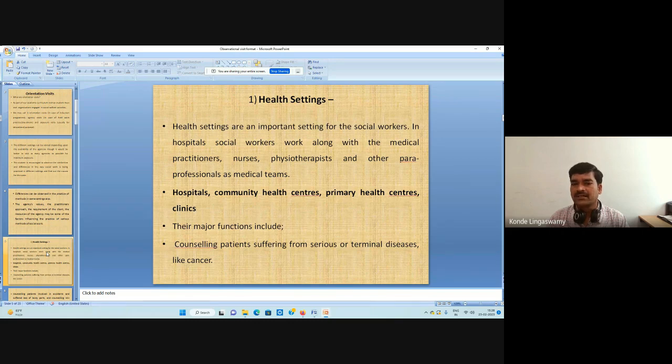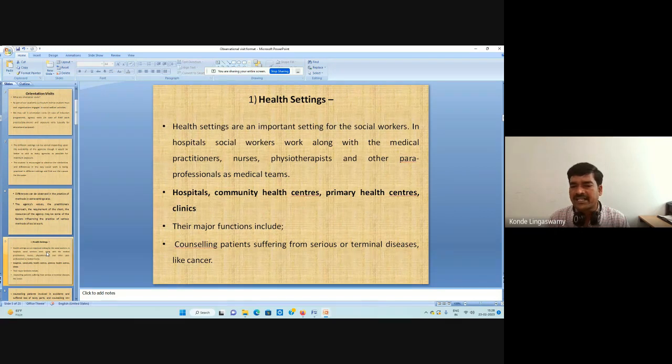In hospitals, social workers work along with medical practitioners like doctors, nurses, physiotherapists, and other paraprofessionals as a medical team. In this medical team, the social worker is also a member.